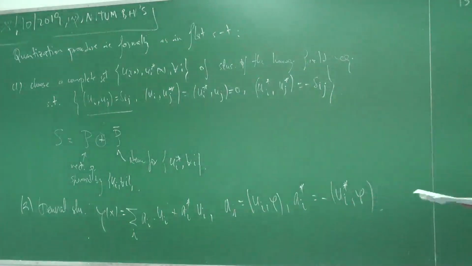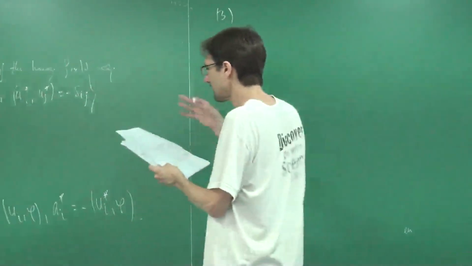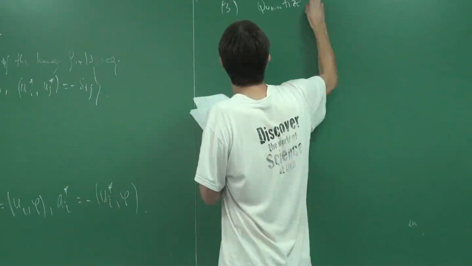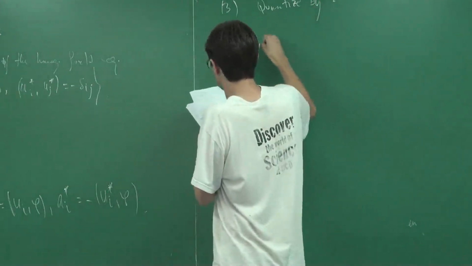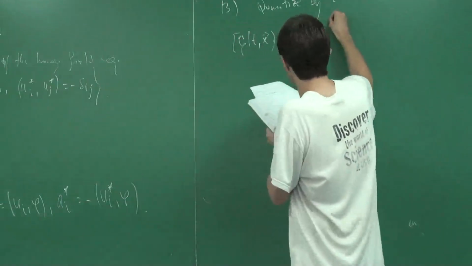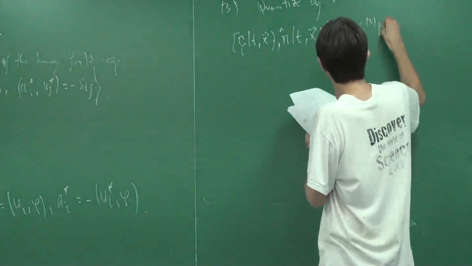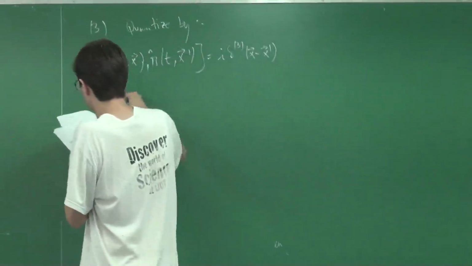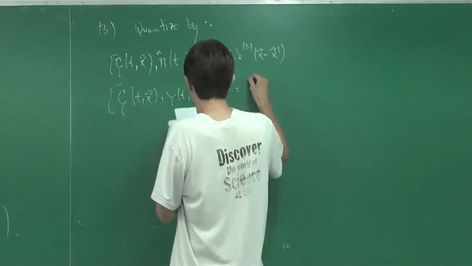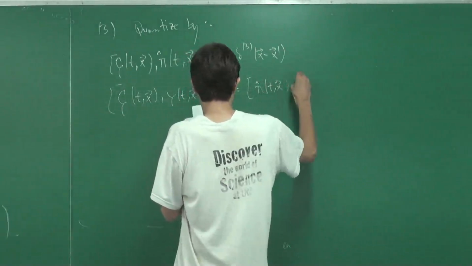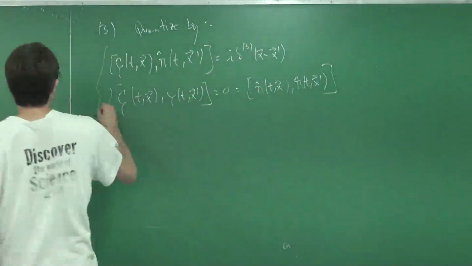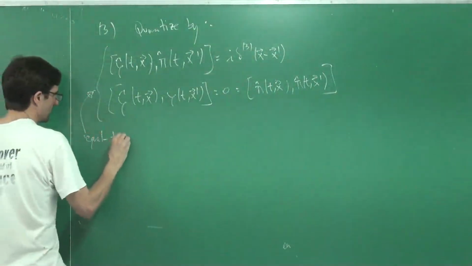So far we haven't quantized anything, and now you quantize it by promoting the coefficients to operators and imposing the commutation relations. So these are the equal time commutation relations.